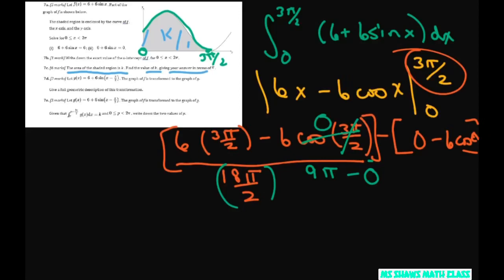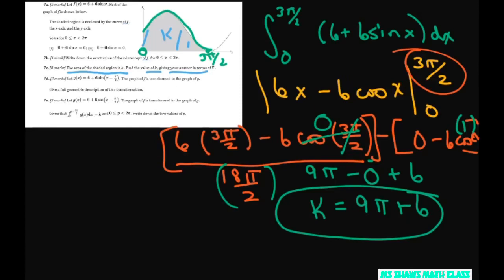And then cosine of 0 is 1. So you get minus a negative 1, which is plus 6, because 1 times 6 is 6. So your final answer is k equals 9 pi plus 6, in terms of pi.